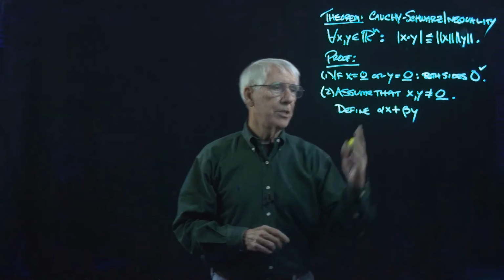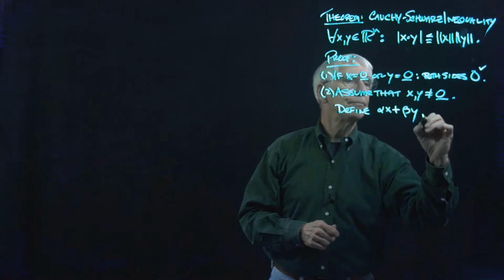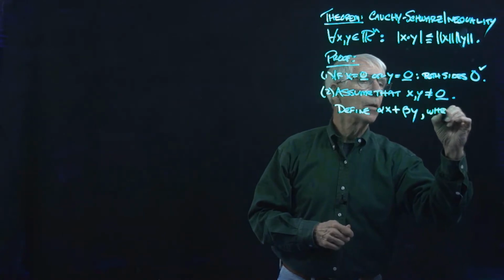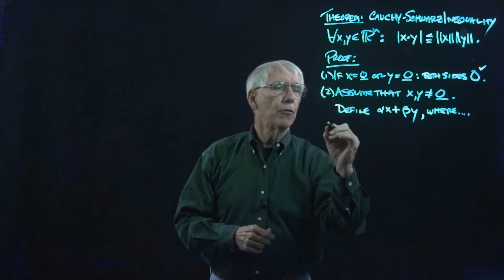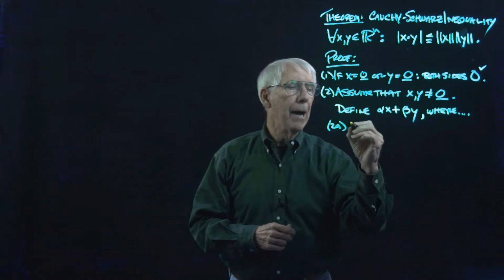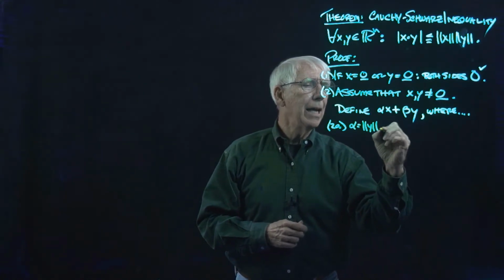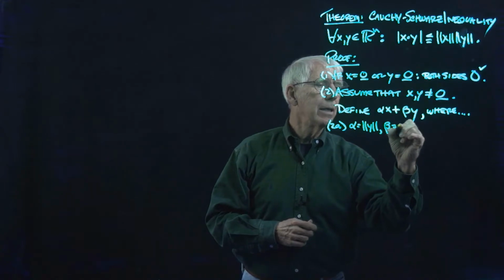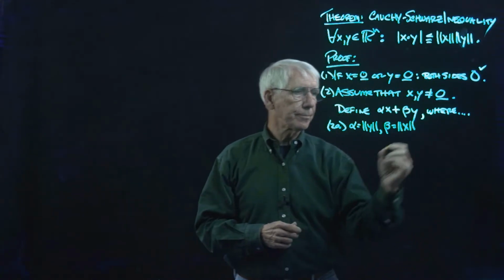But for now, it's just a multiple of x plus a multiple of y, where, first, we're going to say alpha is the norm of y and beta is the norm of x.